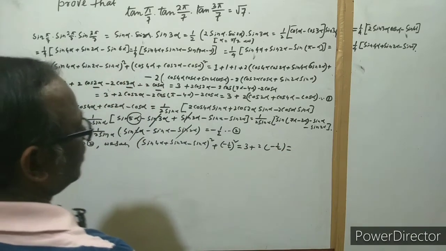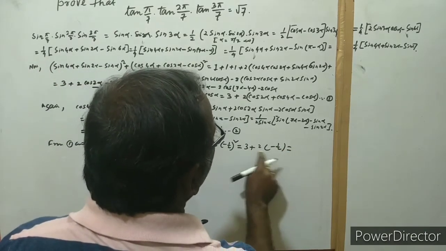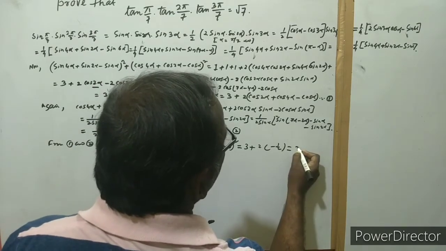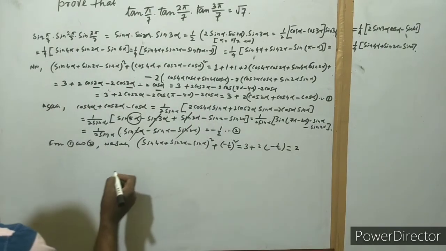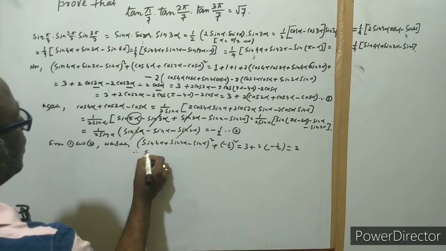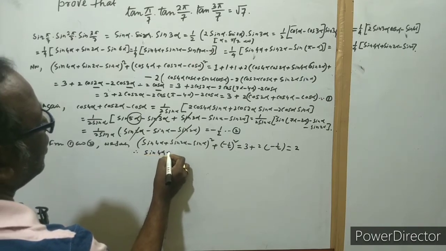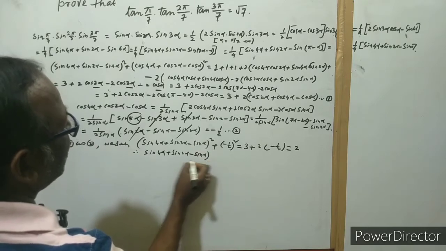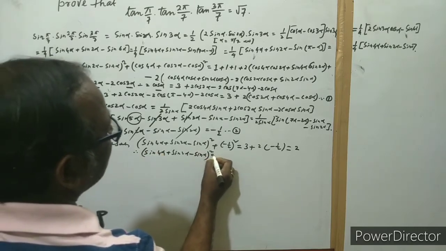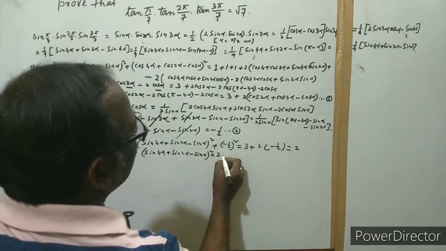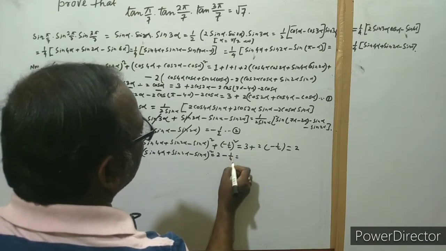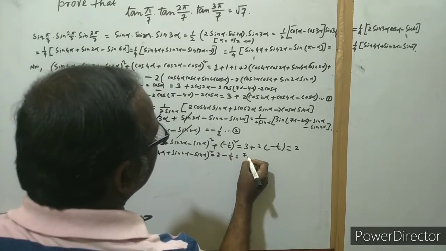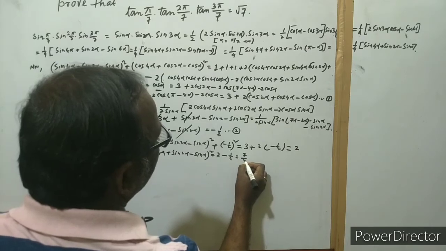Okay, so that is equal to 3 minus 1, this is 2. So therefore sin 4 alpha sin 2 alpha minus sin alpha whole square is equal to 2 minus 1 by 4. This is 8 minus 1 by 7 by 4.